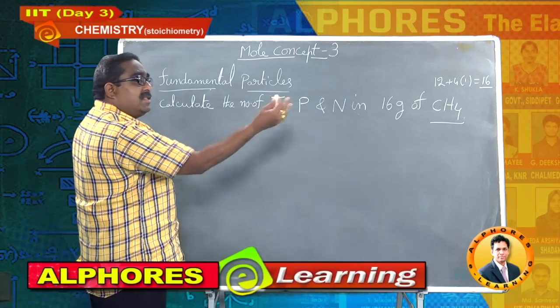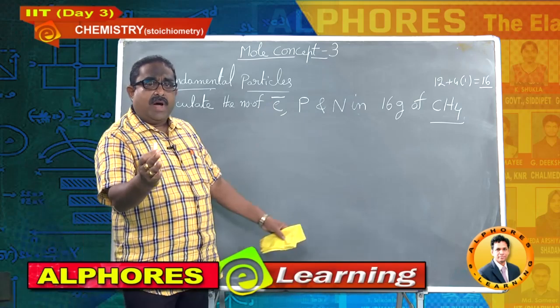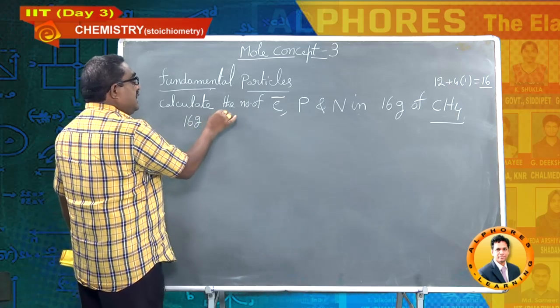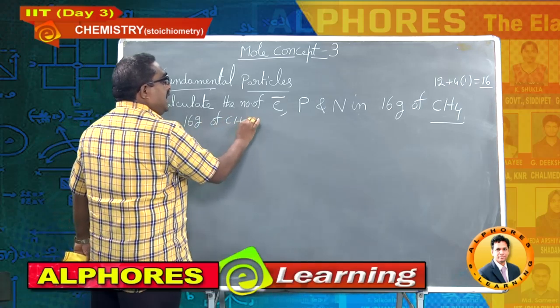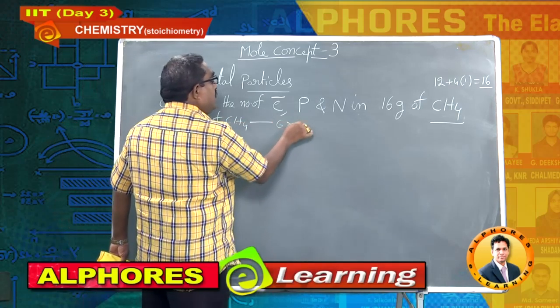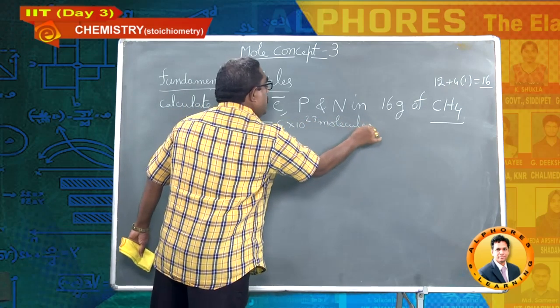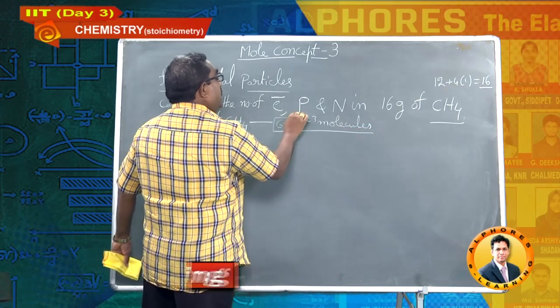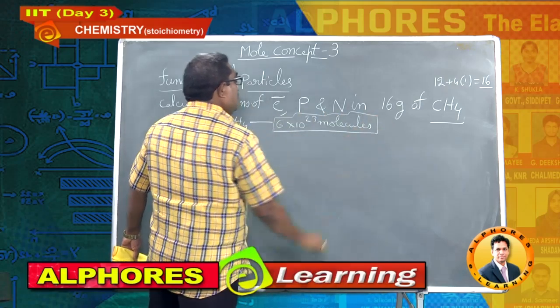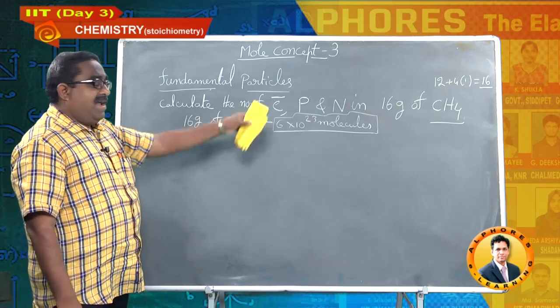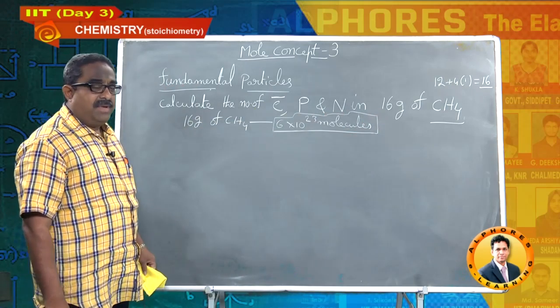So, based on the definition of gram molecular weight, we can simply write 16 grams of methane contains 6 into 10 power 23 molecules. Now, I have the number of molecules in the given sample of 16 grams of methane.